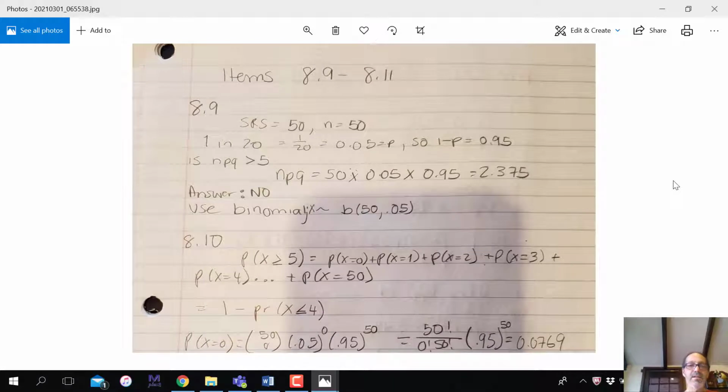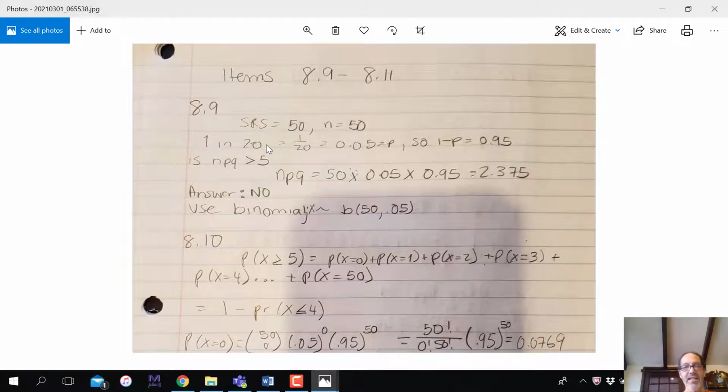Okay, so the question is, can we apply the normal approximation of the binomial? So the question is, is npq greater than or equal to 5? We have a simple random sample of 50. Now it says 1 in 20, so how do I get that? I just divide 1 by 20.